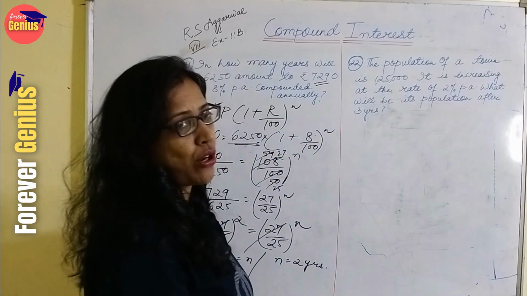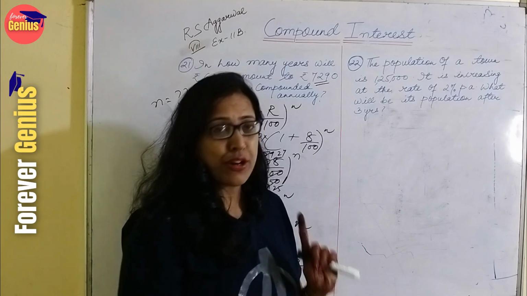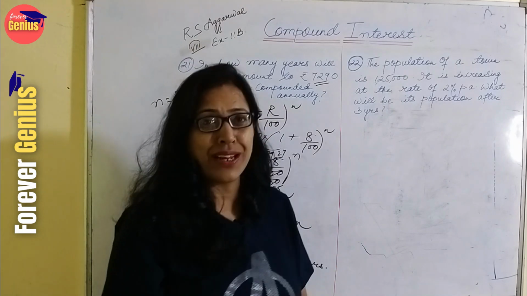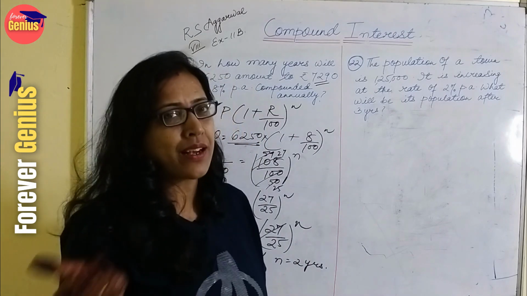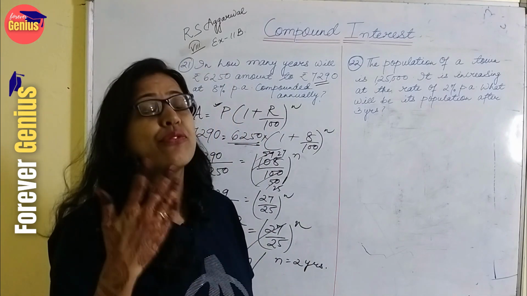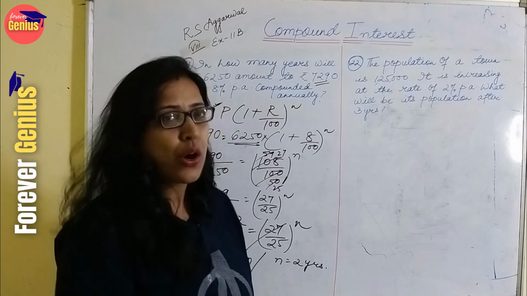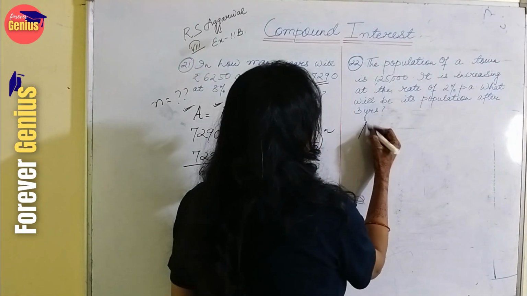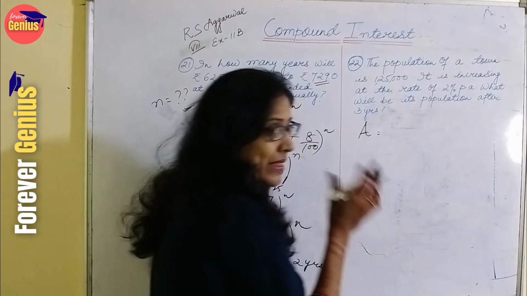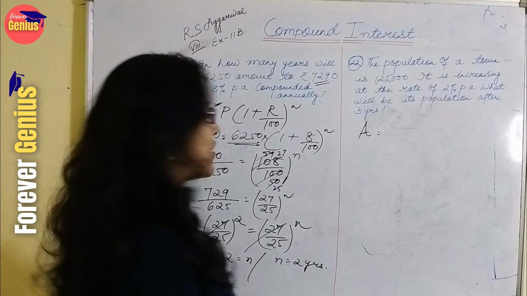So we have to follow the formula for finding out the amount only here, because the population is always increasing compoundedly, not at a flat or fixed rate which is simple interest. So let's do it now. It becomes simple when we know which method to apply in case of population.